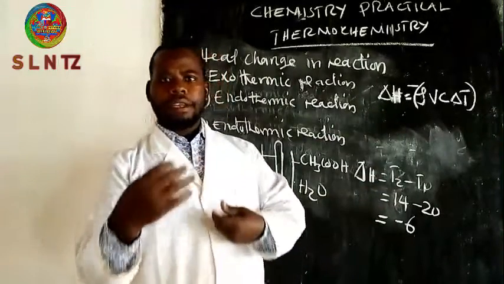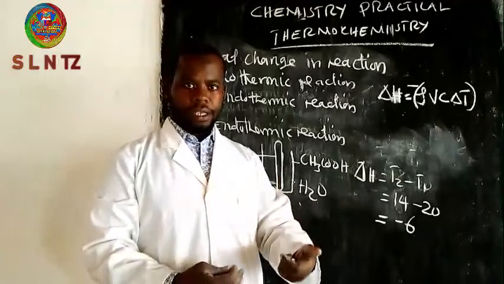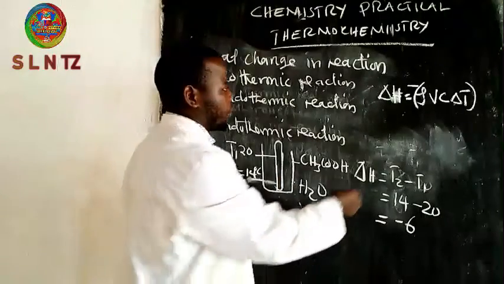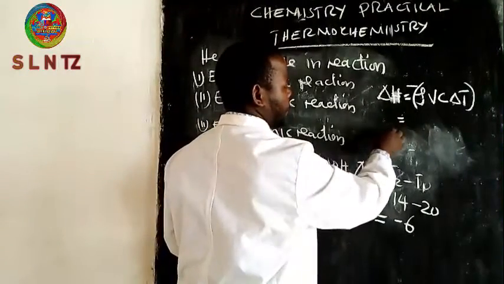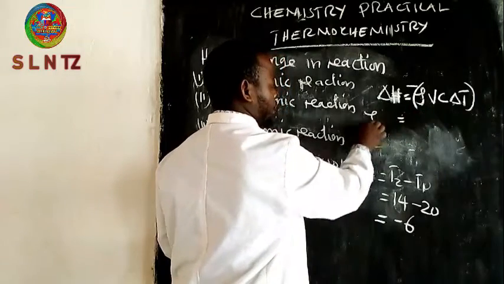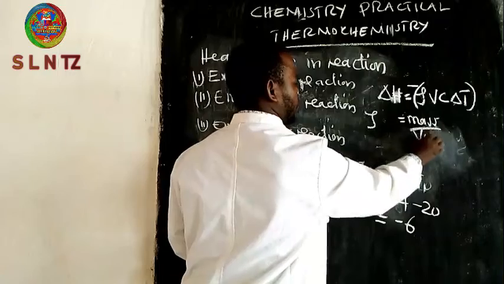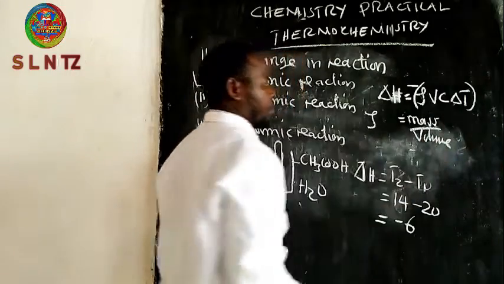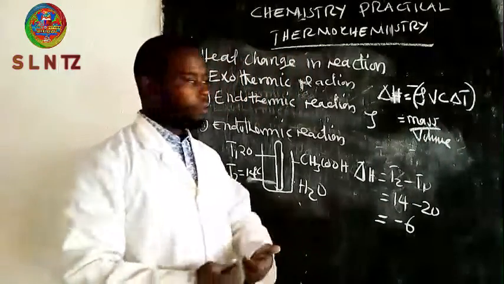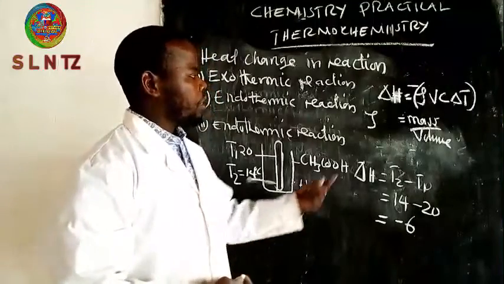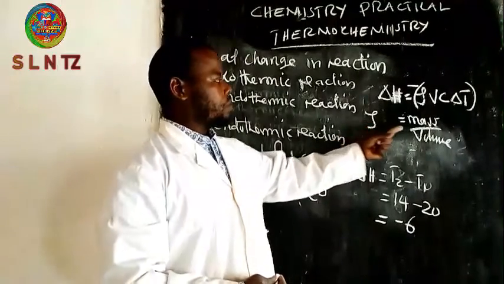You can be given a mass. Density is equal to mass over volume, so you can substitute this to get mass.